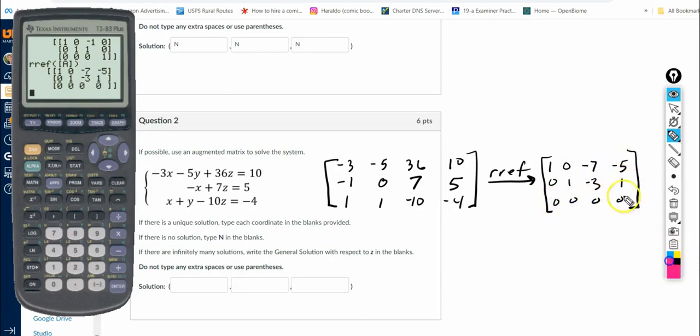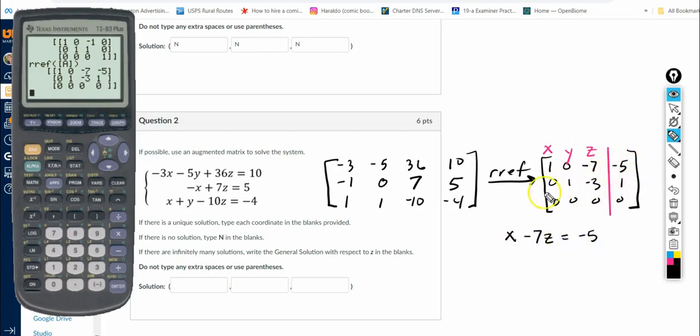Now I'm going to go from a matrix back to a system. So the first column is my coefficients for x, second column coefficients for y, third column coefficients for z. The first row gives me the equation 1 times x plus 0 times y minus 7 times z is equal to -5.